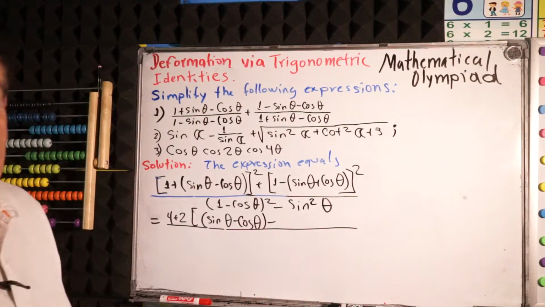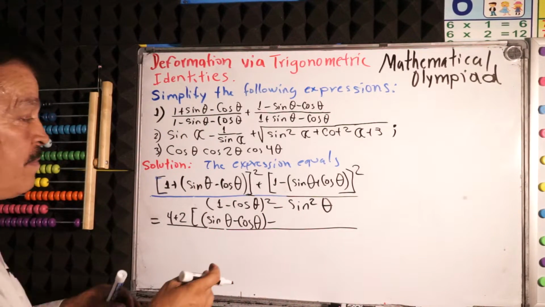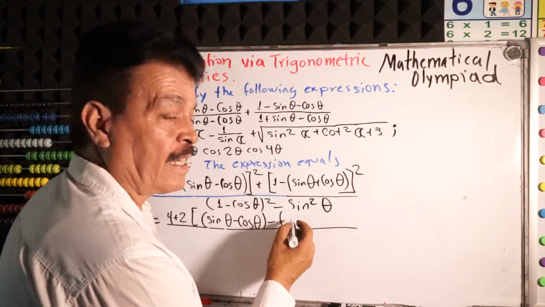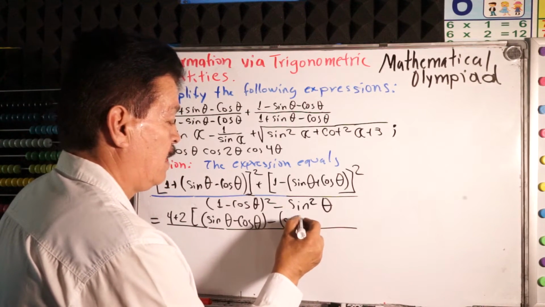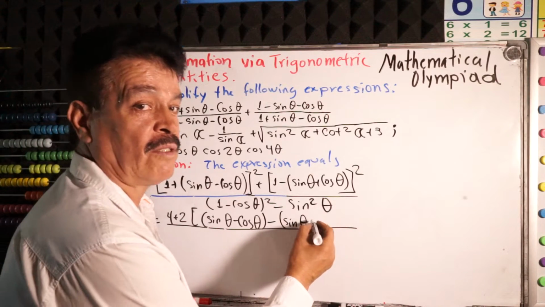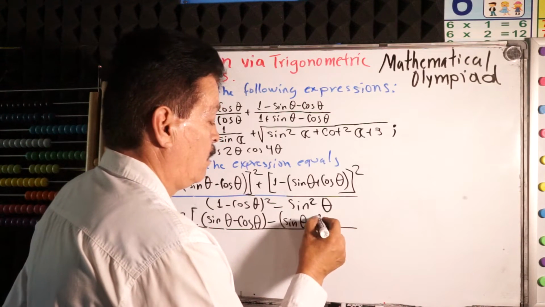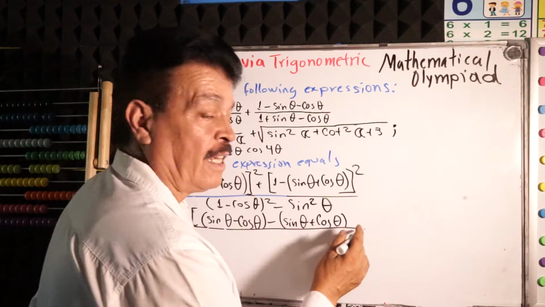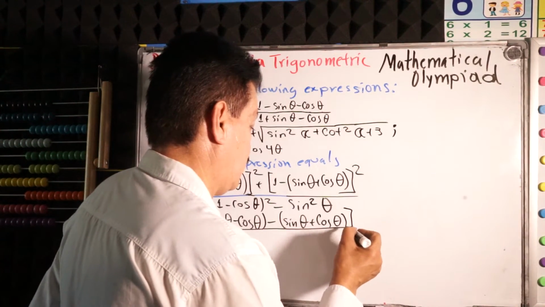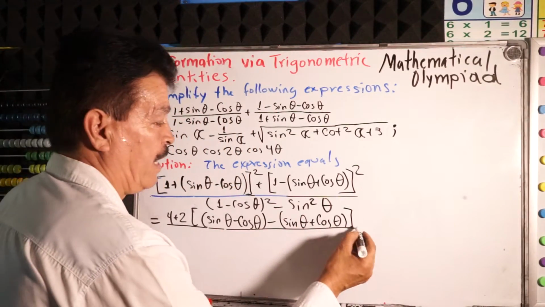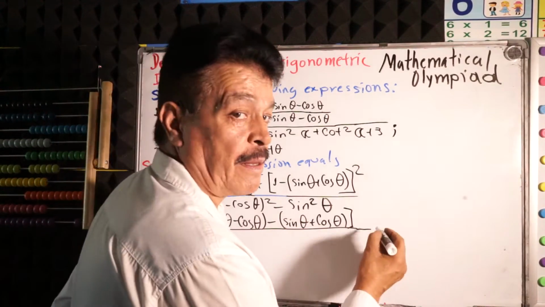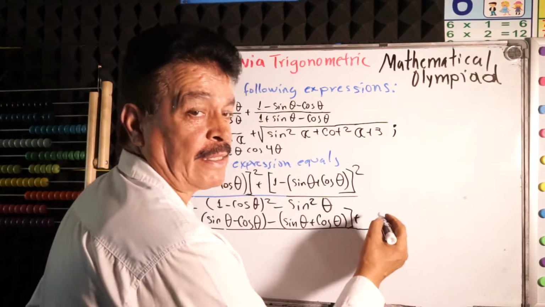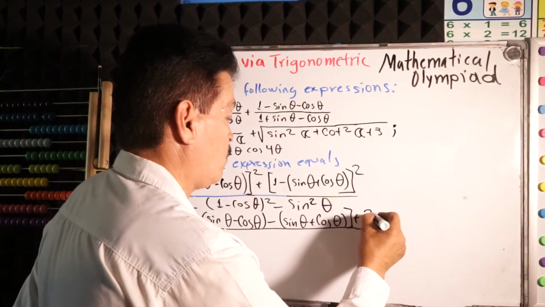Let's write it right there. Here again, see, sine of this angle plus cosine of this angle, close it here, and then write the bracket, right? This must be everything together, plus here plus 2.